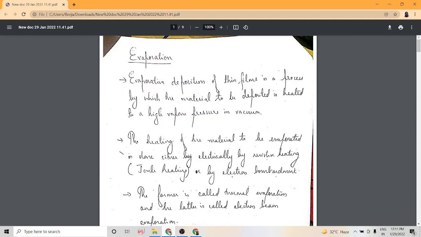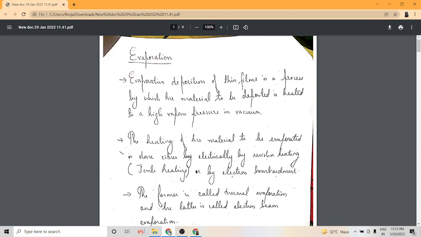The heating of the material to be evaporated is done either electrically by resistive heating or by electron bombardment. So, how can the heating of the material be done? One is by resistive heating, that is Joule's heating, and the other by electron bombardment.